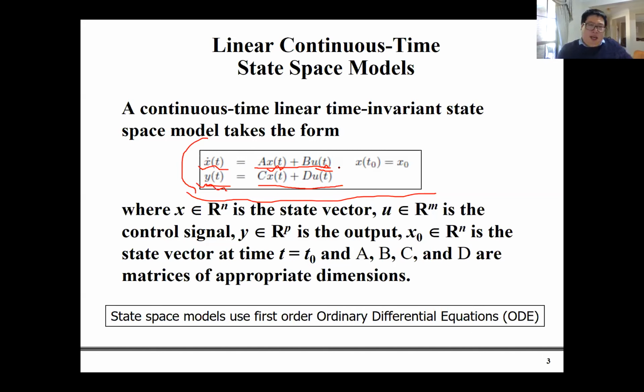All right. And then if the system is linear, which means x dot, the change of the state x with respect to time, is a linear function of the state x and the input u.